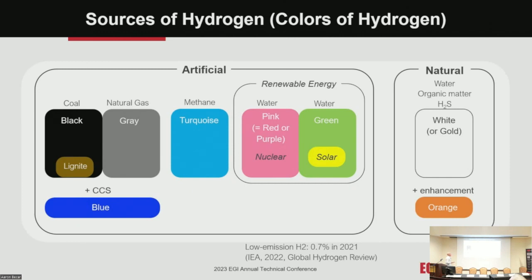Currently, most hydrogen is produced using coal, natural gas, and sometimes oil, so it comes from fossil fuels. The low emission methods are what we call blue: hydrogen produced using coal or natural gas, but with CCS, so that the greenhouse gas emission is cut.